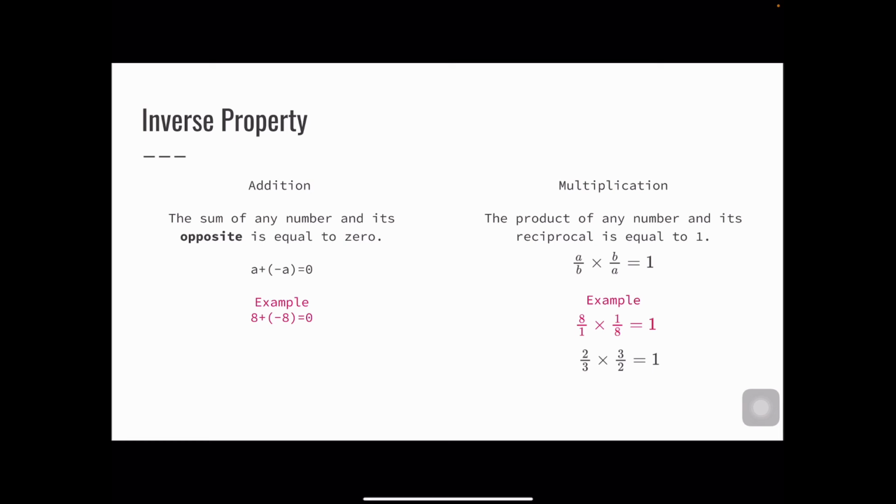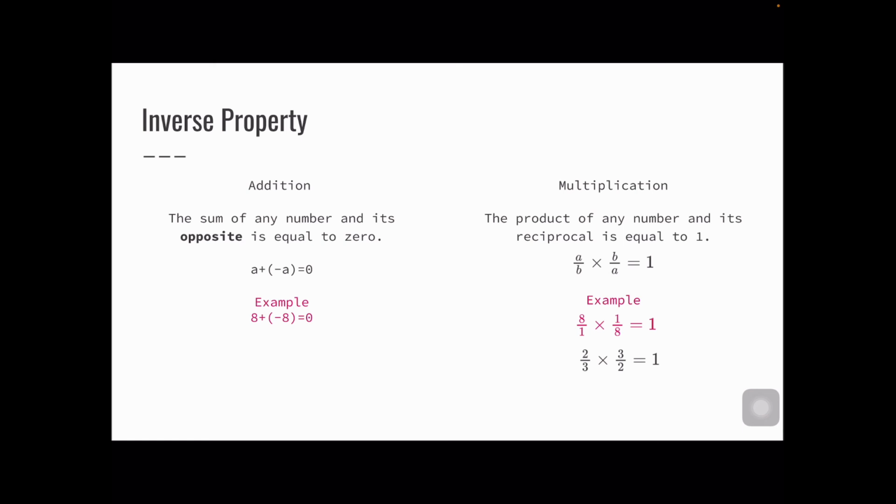So for example, if I had the number 8, any whole number can be written as 8 over 1. So if I have the number 8 over 1 and I multiply it by its reciprocal, which is 1 over 8, that's going to give me a positive 1. Or if I have the fraction 2 over 3, for example, and I multiply it by its reciprocal, which is 3 over 2, that's also going to give me a positive 1.